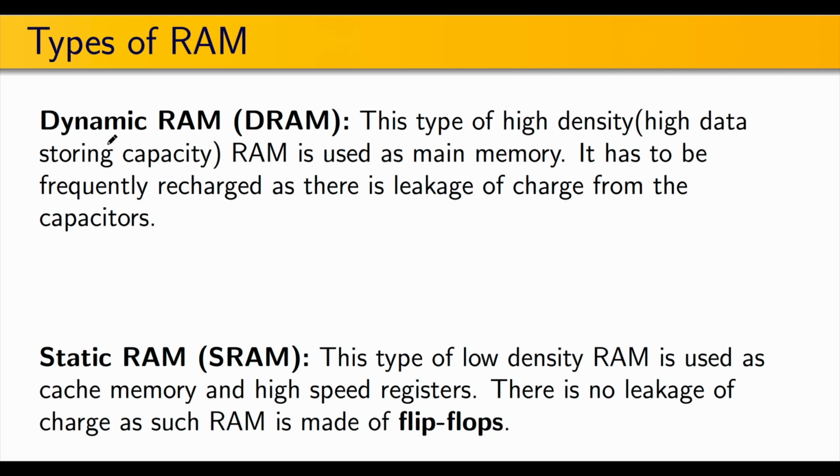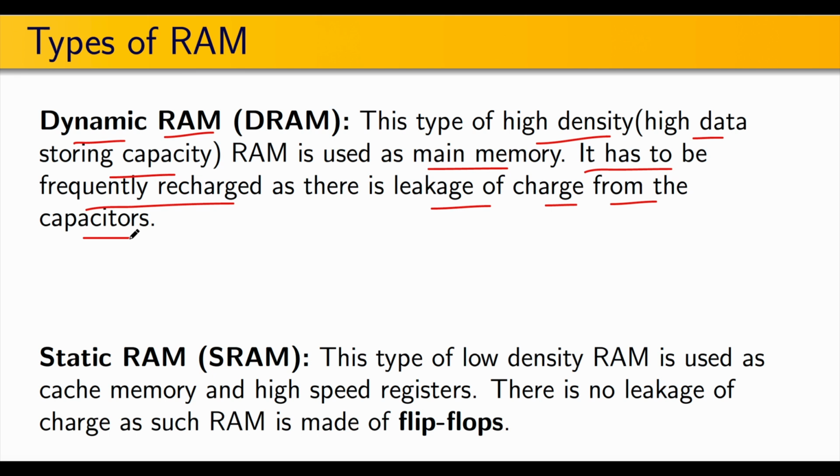One is called DRAM, which is the dynamic RAM. This type of high density, that is high data storing capacity RAM, is used as the main memory. It has to be frequently recharged as there is leakage of charge from the capacitors. This kind of RAM is made of capacitors and transistors, I told you.